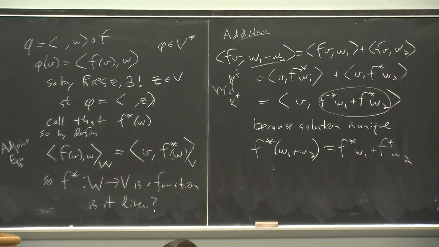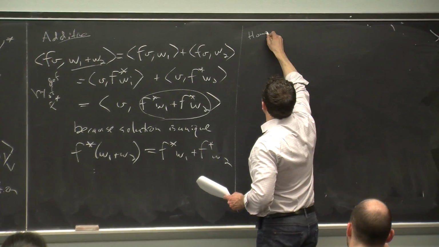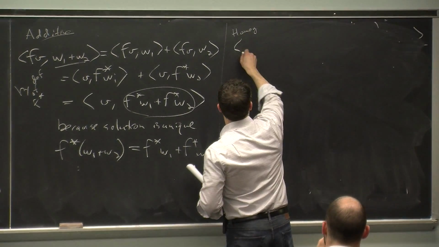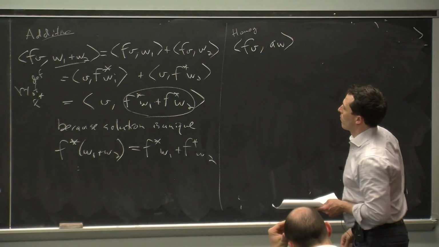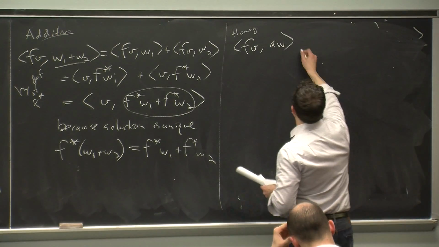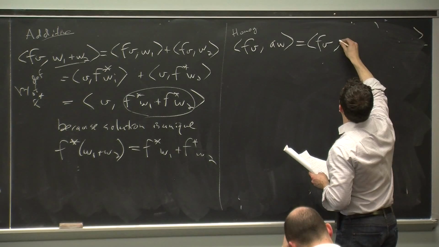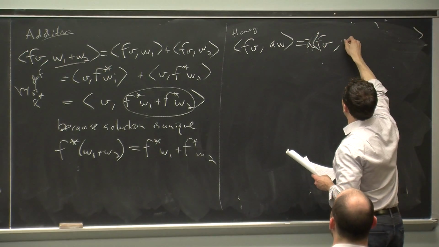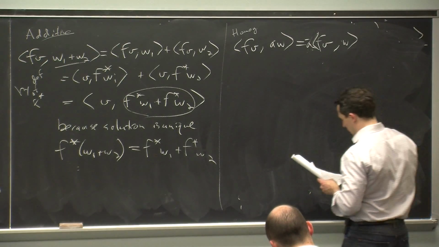I can make the same kind of argument for it respecting scalar multiplication. So if I take f v and a times w, and I want to figure out what's on the other side, I can pull out a at a cost of conjugating it, because it's conjugate linear.